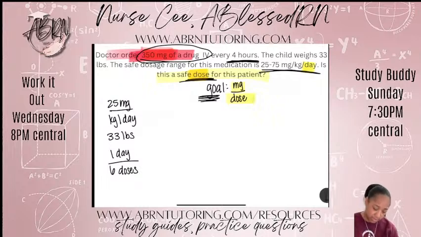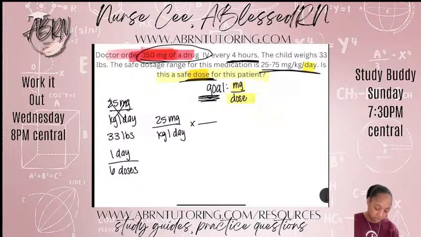All right. So start with what you're looking for: 25 milligrams per kilogram per day. Okay. So now that's used. Now we have pounds. We can't put pounds on top of kgs, so we have to put in our conversion.